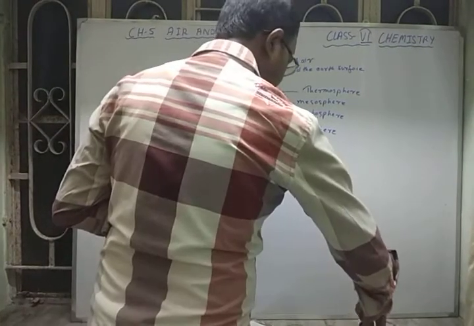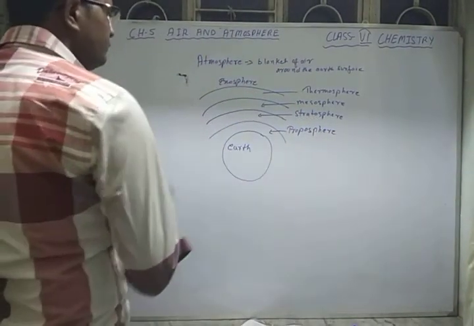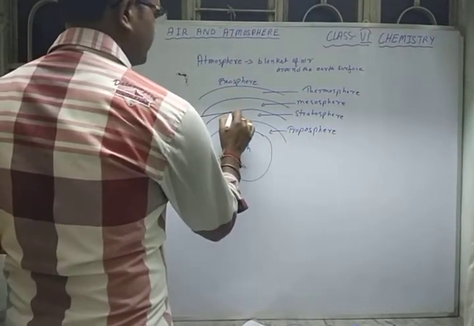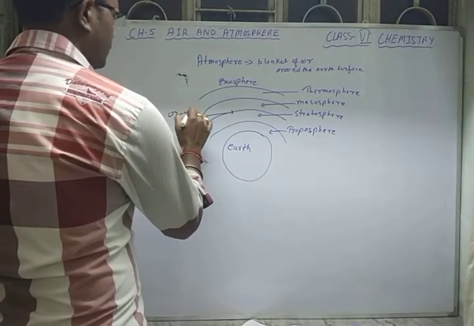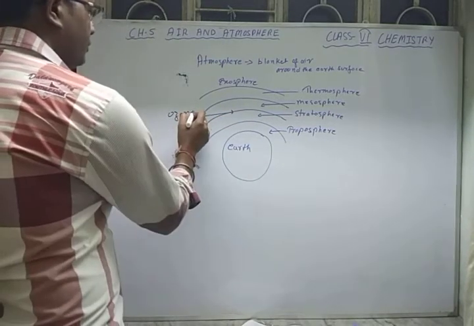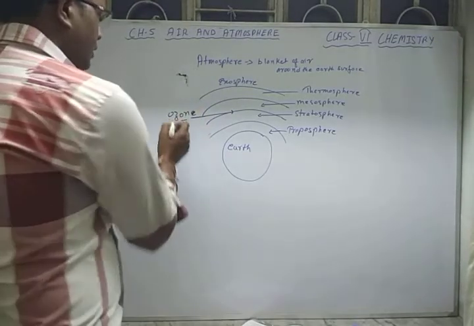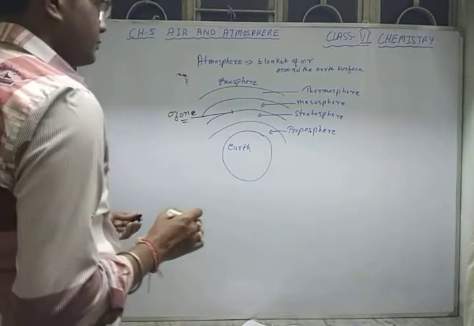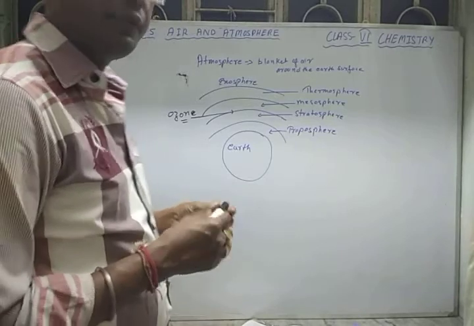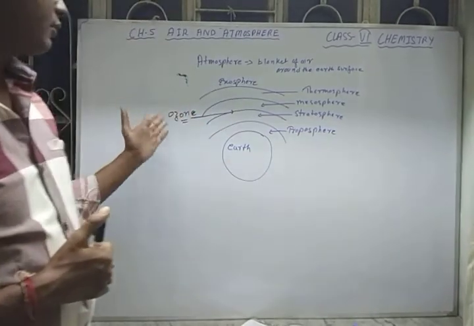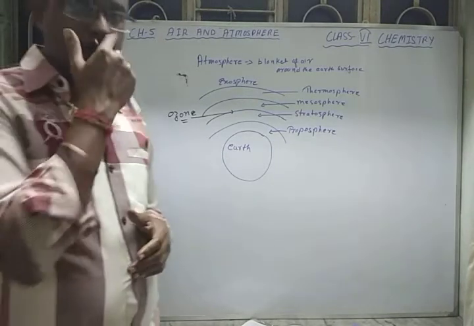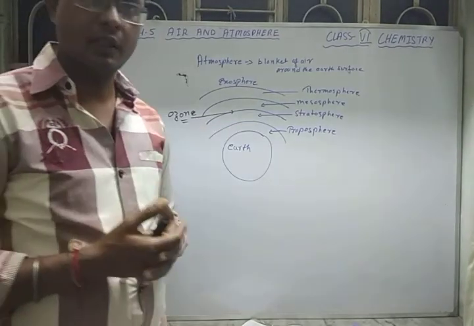In this layer, we also get ozone. As you know, ozone is very important for us, because the ozone layer absorbs all the harmful UV rays, that is ultraviolet rays, and does not allow the UV rays to come to the Earth's surface.